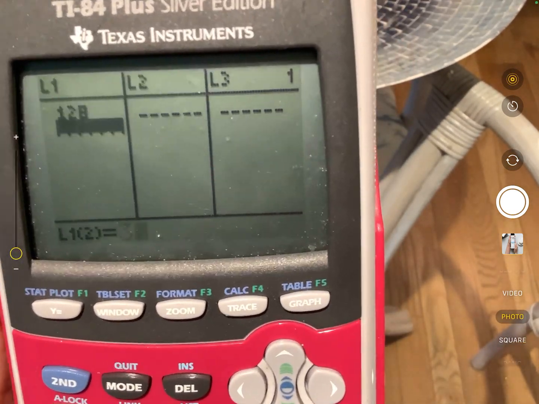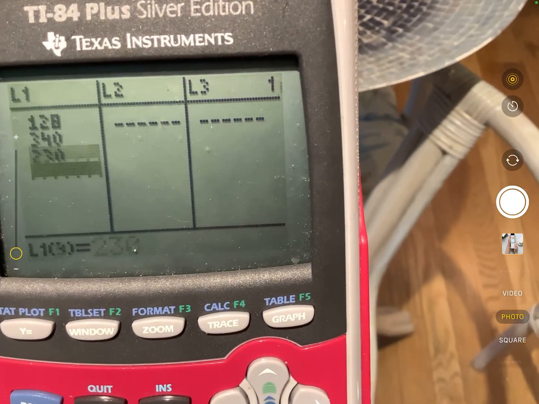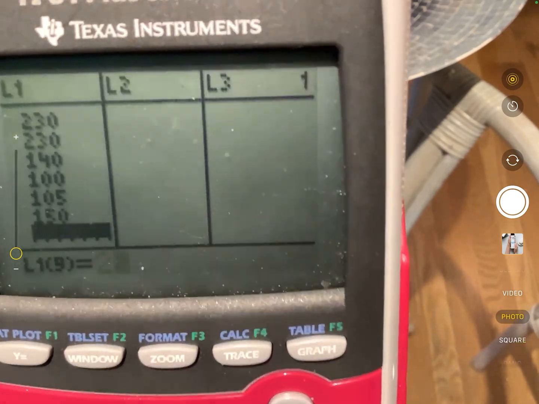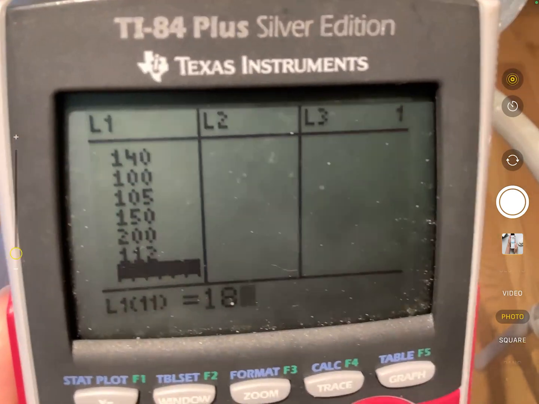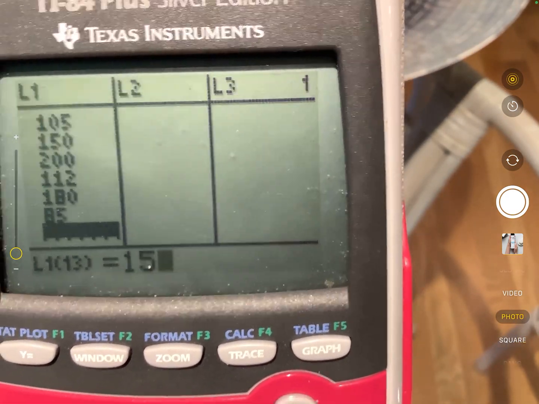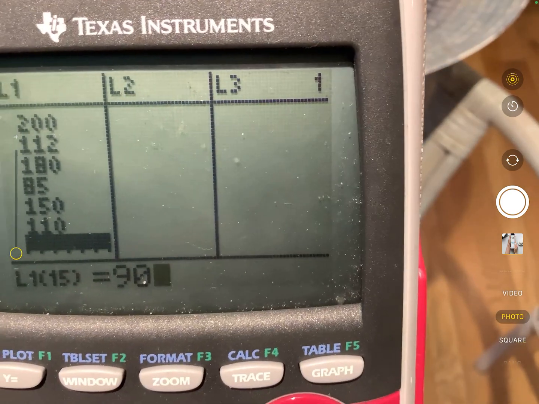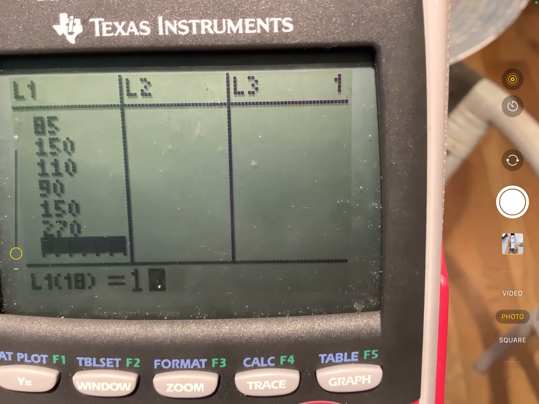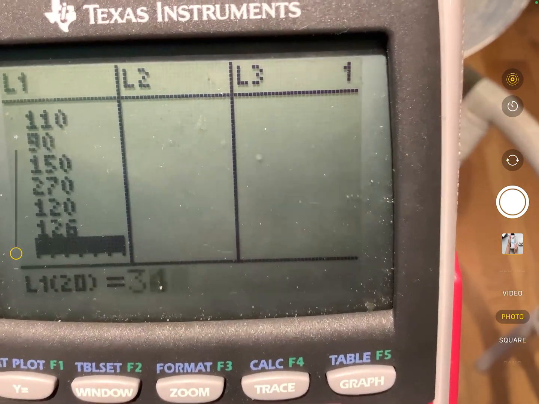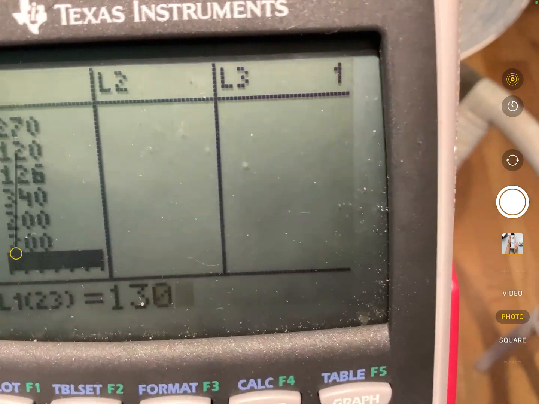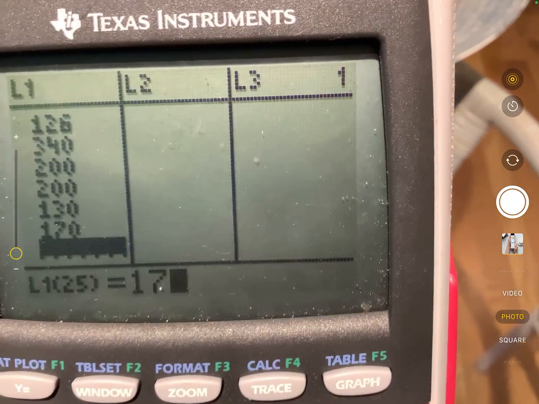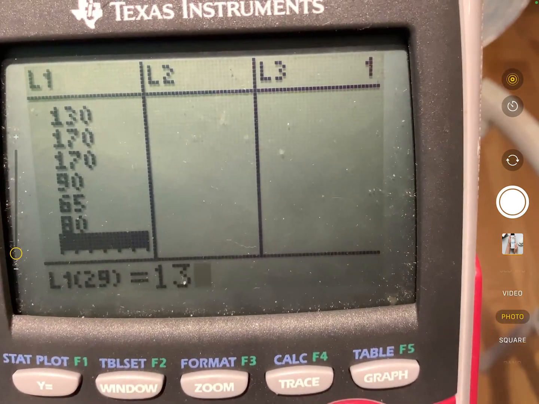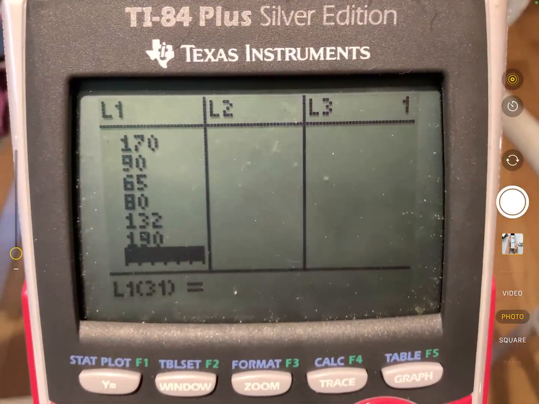So 128, 340, 230, 230. Okay, so I have my 30 pieces of data in.